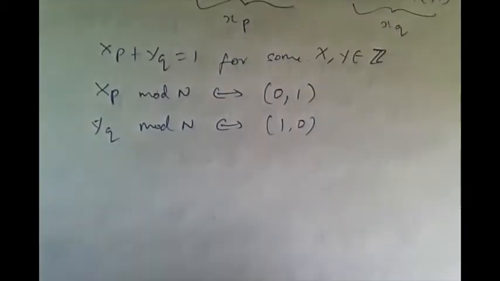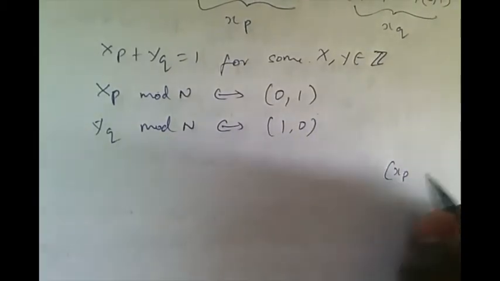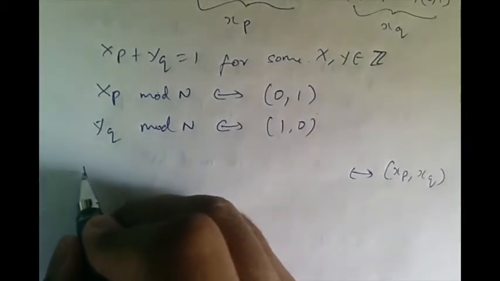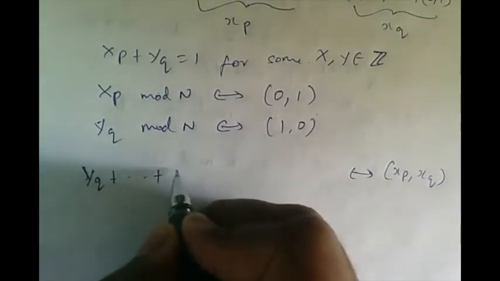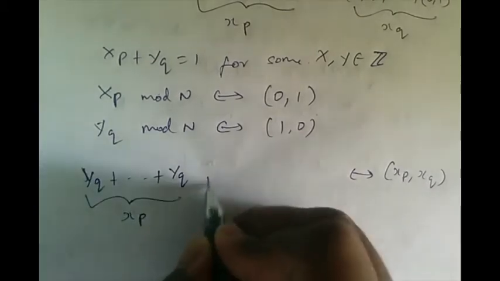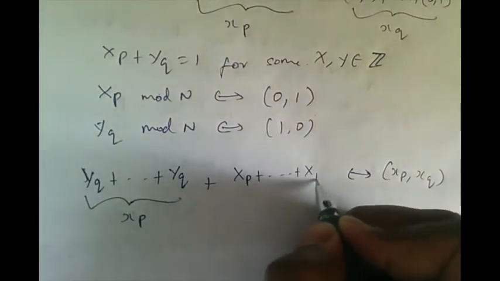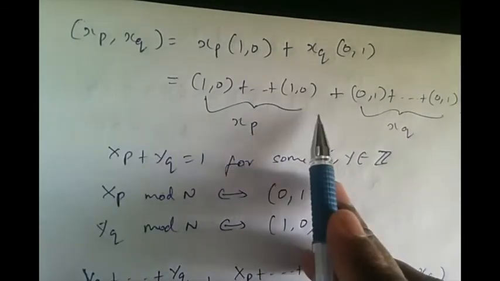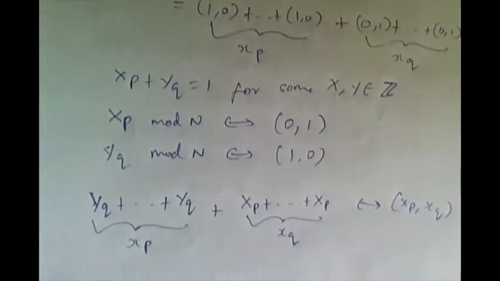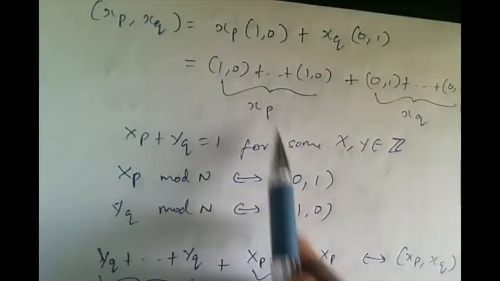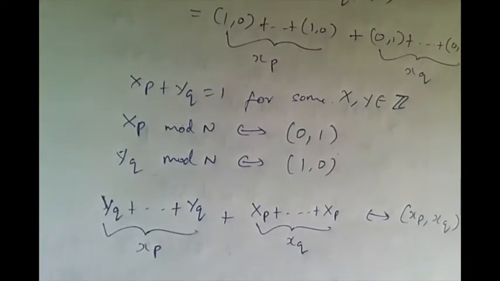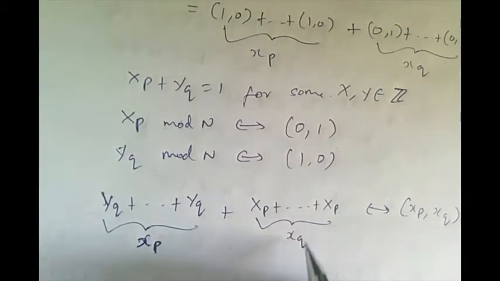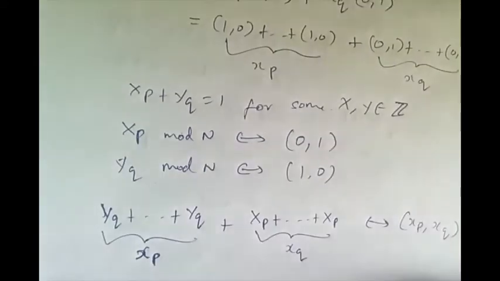So if you have xp, xq on this side, that is going to be your yq added xp number of times plus xp added xq number of times, because xp, xq is of this form: 1, 0 added to itself xp number of times, 0, 1 added to itself xq number of times, and the pre-image of 1, 0 is yq, and the pre-image of 0, 1 is xp.